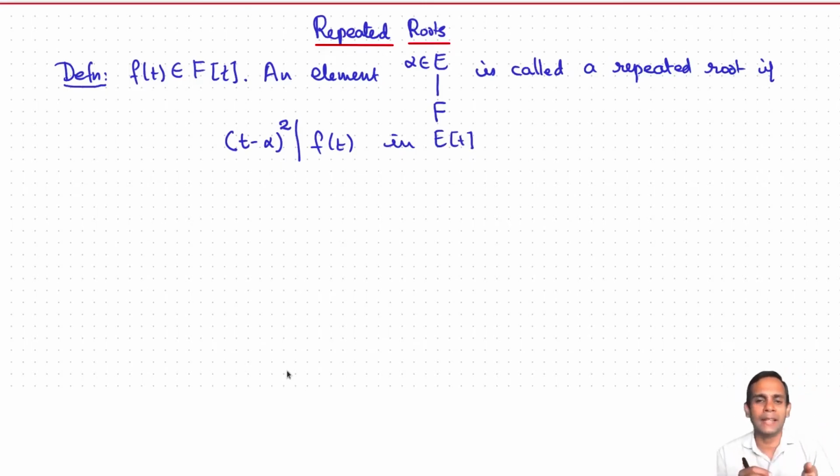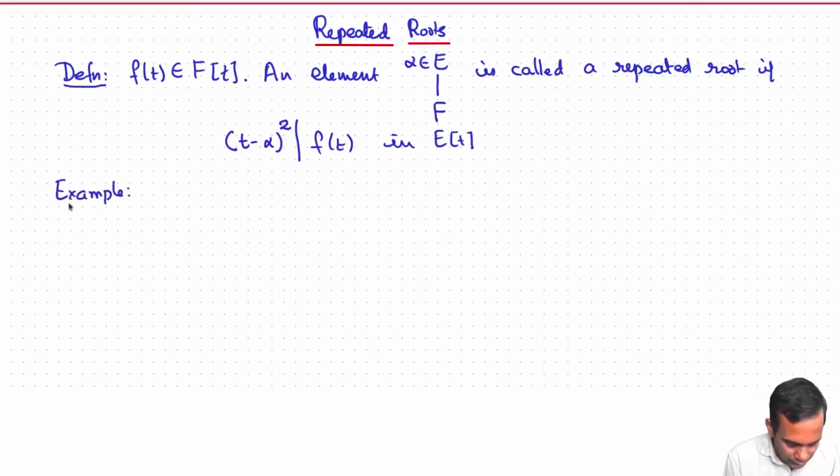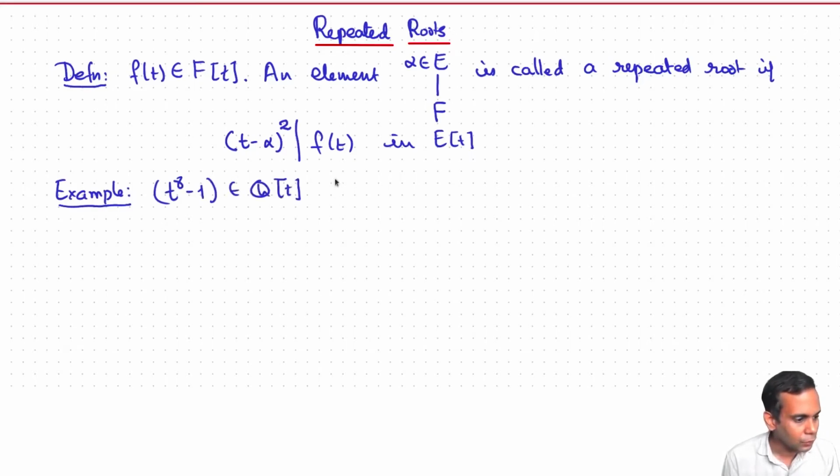We've already seen that given any polynomial, we can always construct a field in which it can be written as a product of linear factors. So you could, for example, work in that field. Okay, so let's just look at an example. Last time we analyzed quite thoroughly the polynomial t to the power 8 minus 1 in Q[t]. This has no repeated roots.